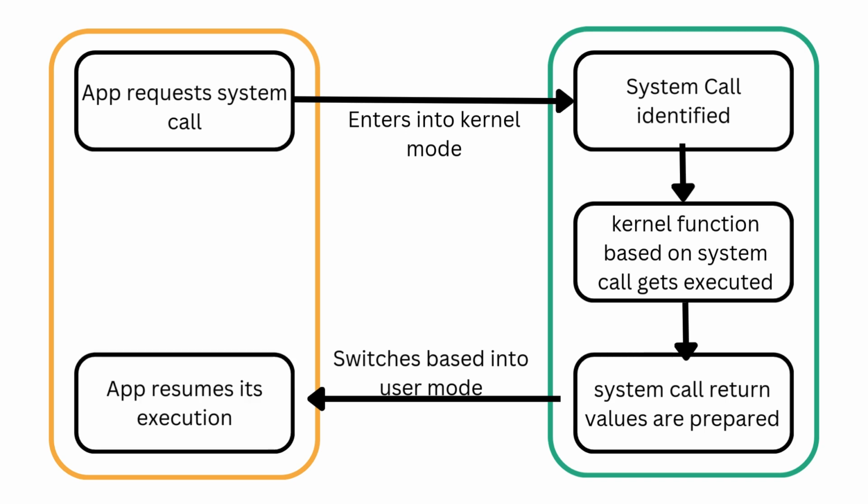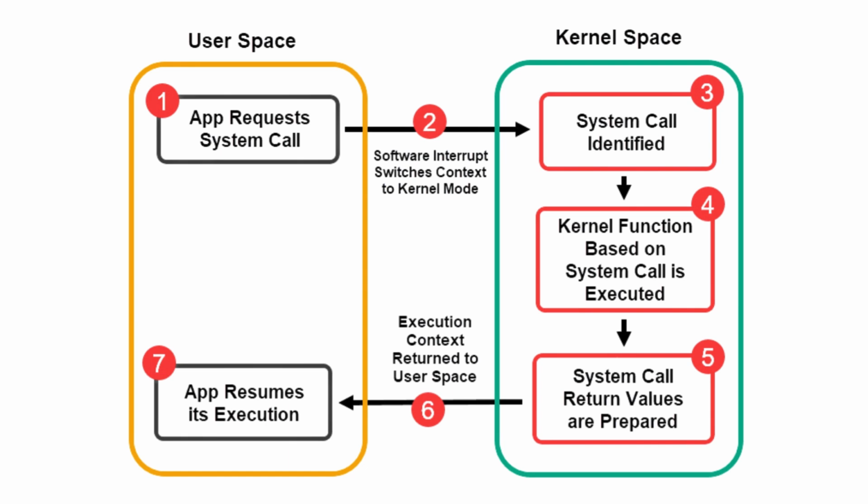The kernel identifies the system call, and the function of the system call gets executed, and the return value will be written to user mode, and again the context will be switched back to user mode, and the app will resume execution. It is a 7-step process.